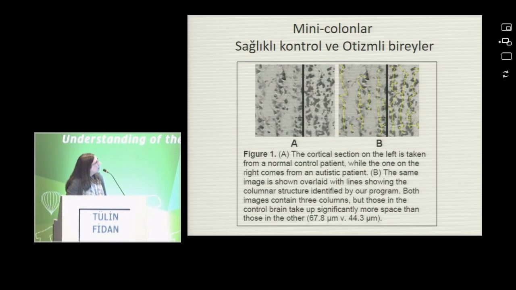On the B column, many columns can be seen. There are like some lines from one cell core to another cell core.